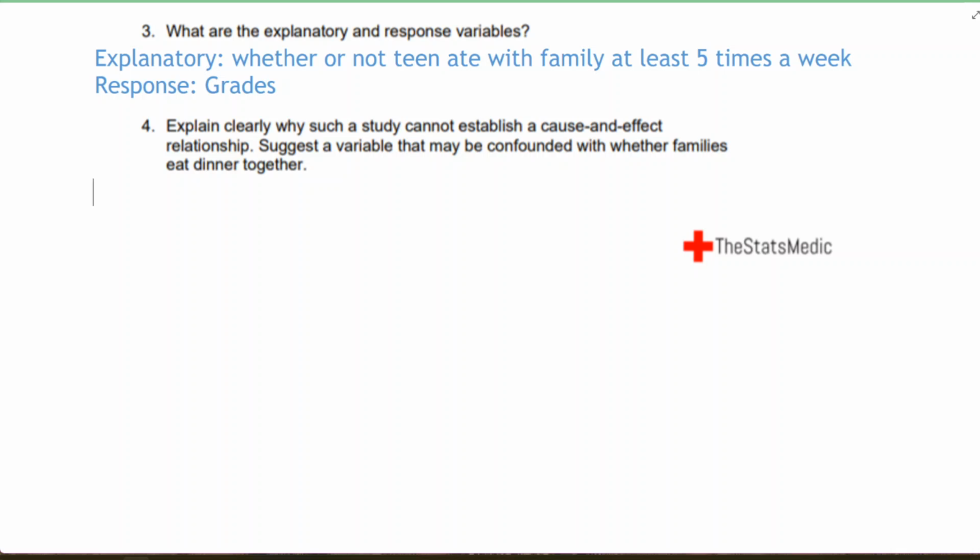Well, looking at this from a social justice point of view, maybe not always, but there is a high correlation here between socioeconomic status and grades. There's also a high correlation between socioeconomic status and whether families eat together. So that looks like a confounding variable.